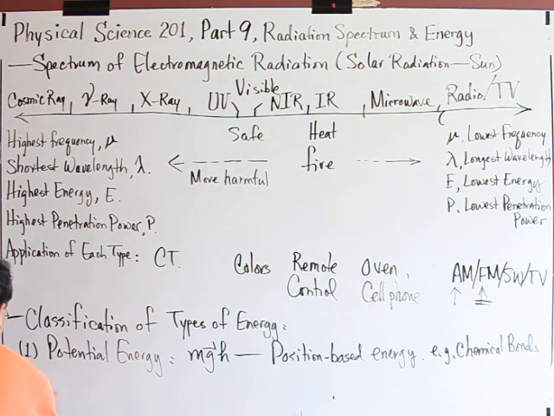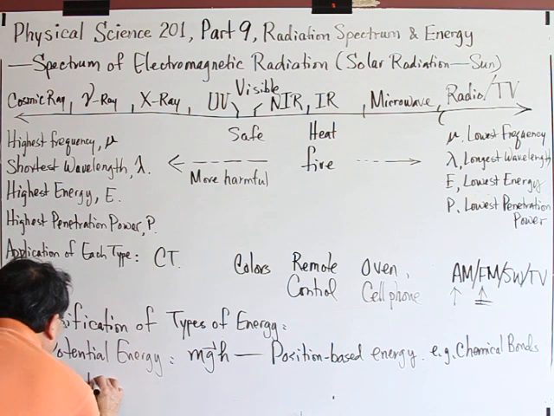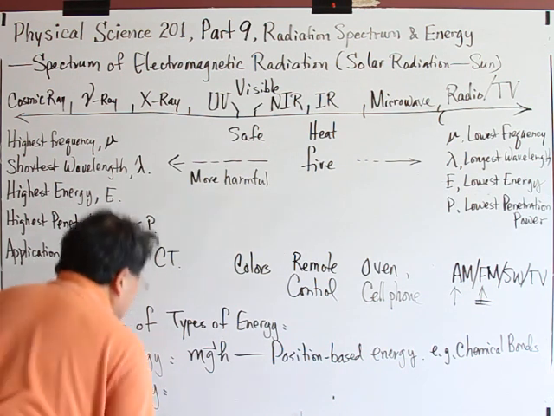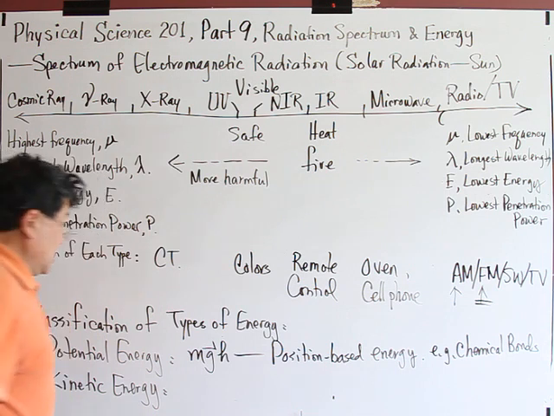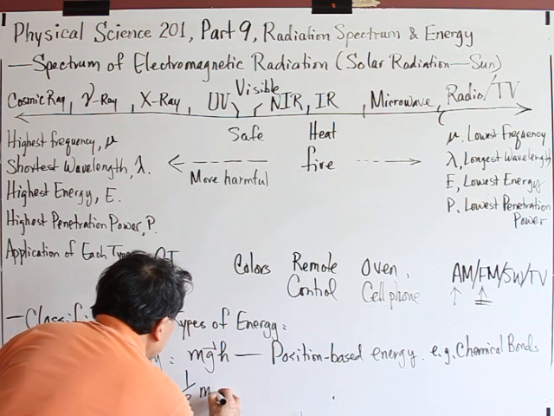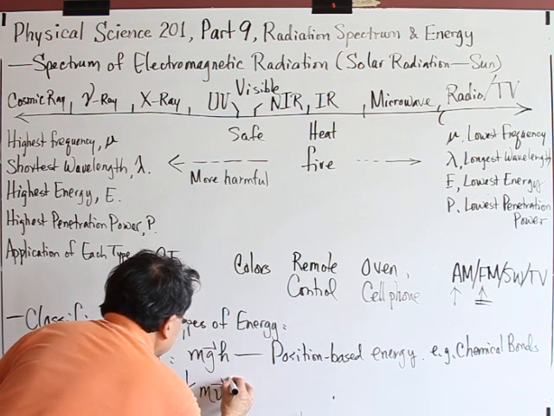The second type is kinetic energy. The mathematical expression is one half the mass multiplied by the velocity squared.